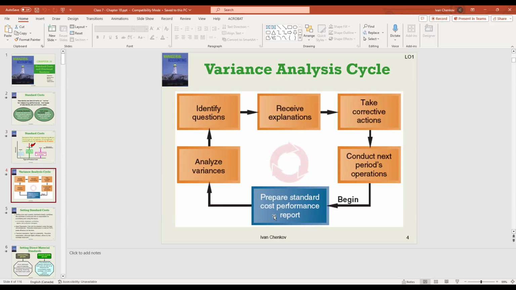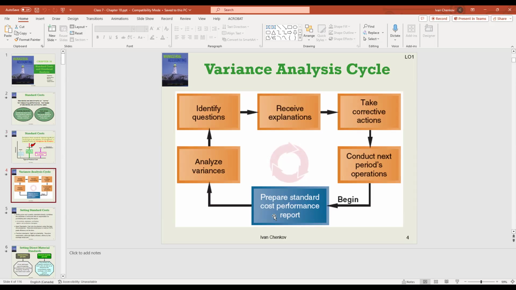Once we have those variances to our attention, in order to understand what happened with the variance and why it is significant, we have to identify questions.